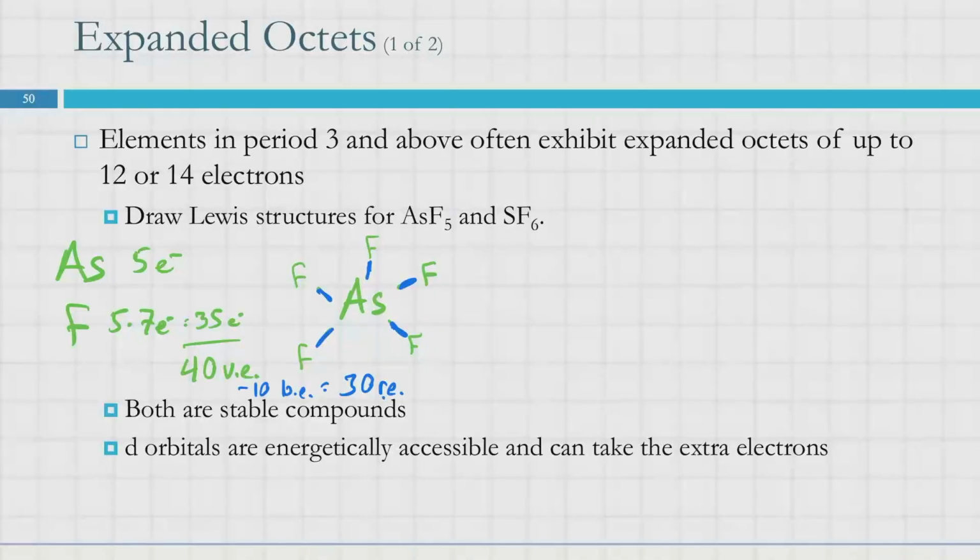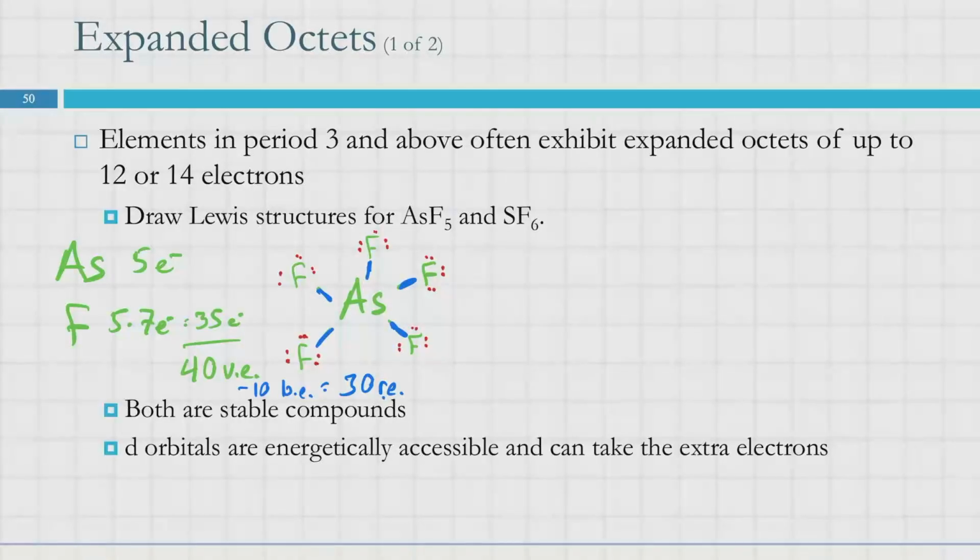Each of our fluorines has 2 electrons. It would like to have 8. The difference between 2 and 8 is 6. So each of these fluorines can take another 6 electrons, and we've got 5 of them. 6 times 5, we can place our 30 remaining electrons on those fluorines. So we put in a bunch of double dots.